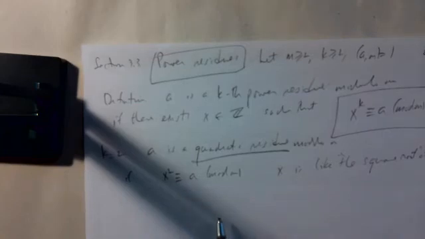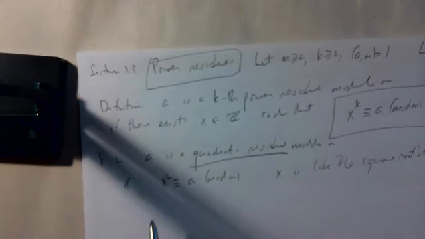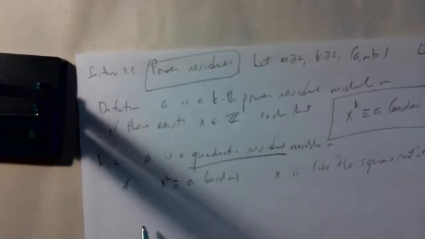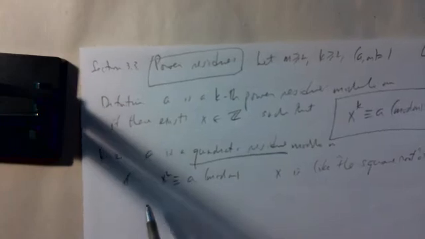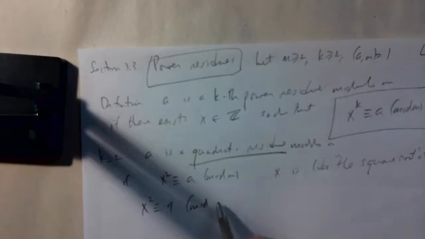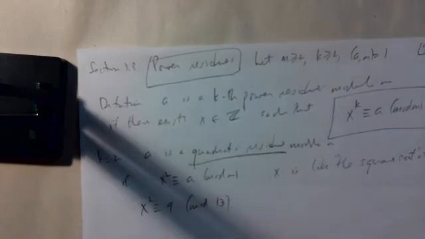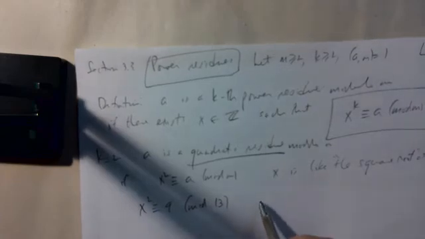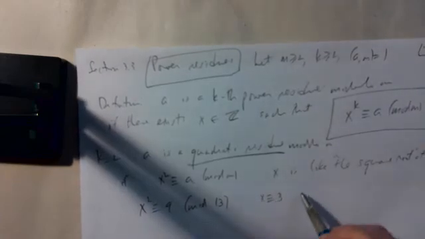So for example, if you have x squared congruent to 9 mod 13, one solution is x congruent to 3 mod 13.